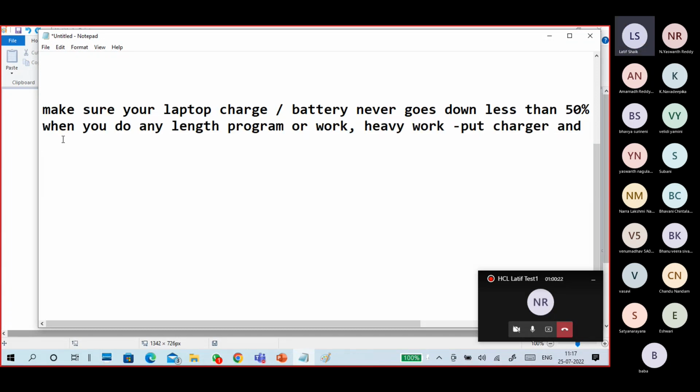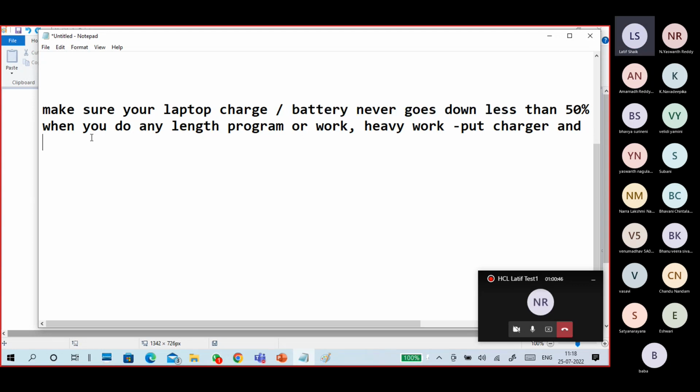If your battery has already come down to 50%, say you started a laptop fully charged and after 1 to 1.5 hours the battery is 50%, 49%, immediately put it on charge. That's the first point I have written here.